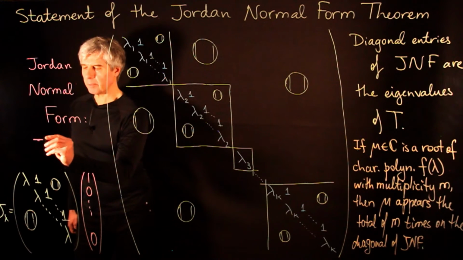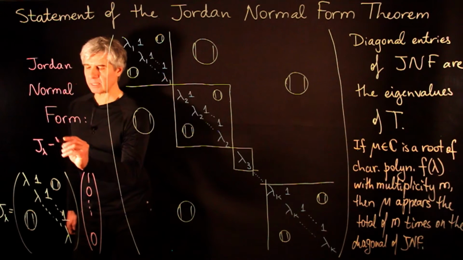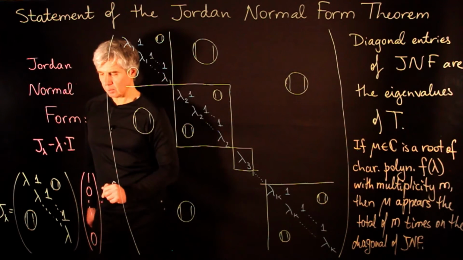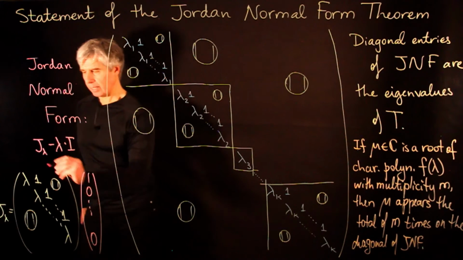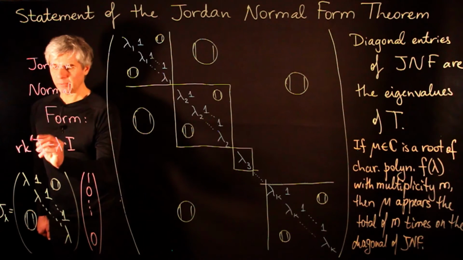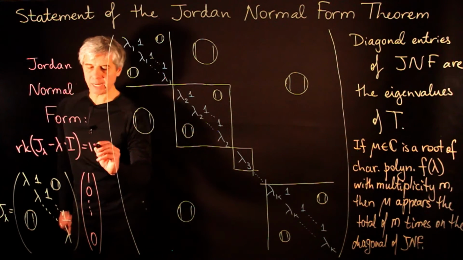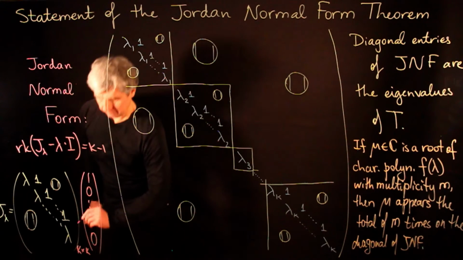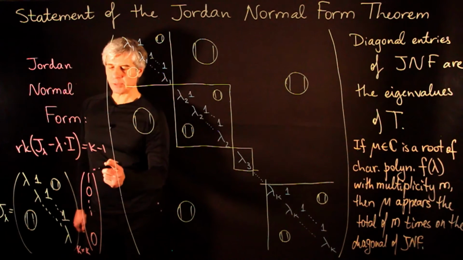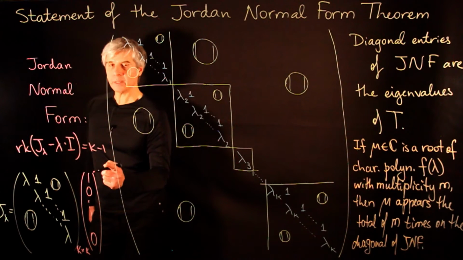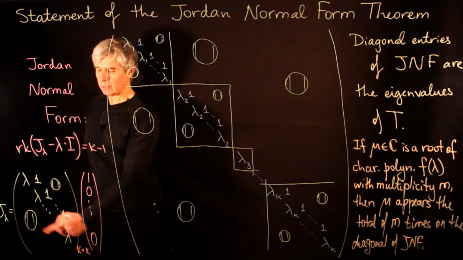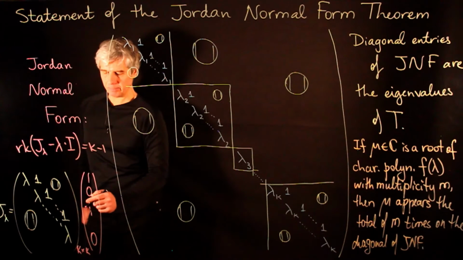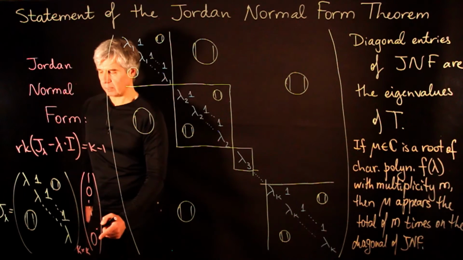If we consider the matrix J lambda minus lambda times identity, then the diagonal of this matrix will disappear, and we see that the rank of the resulting matrix will be k minus 1, if we assume that this matrix is k by k. Then the nullity of this matrix is equal to 1, which tells us that this matrix has a single eigenvector with eigenvalue lambda, and it's the first basis vector.